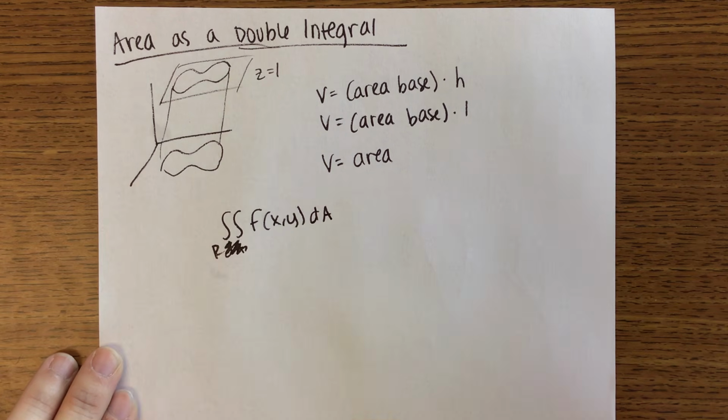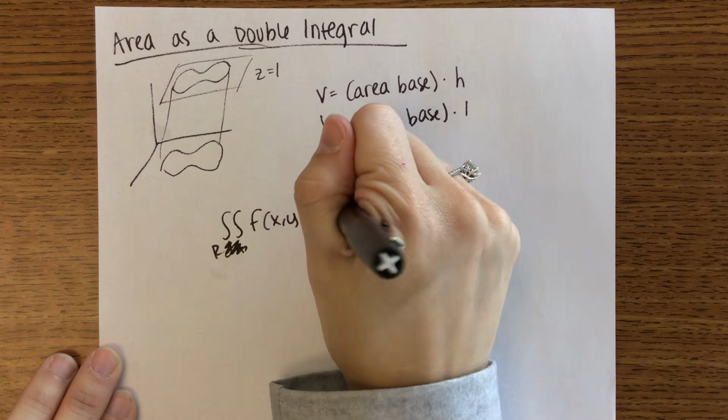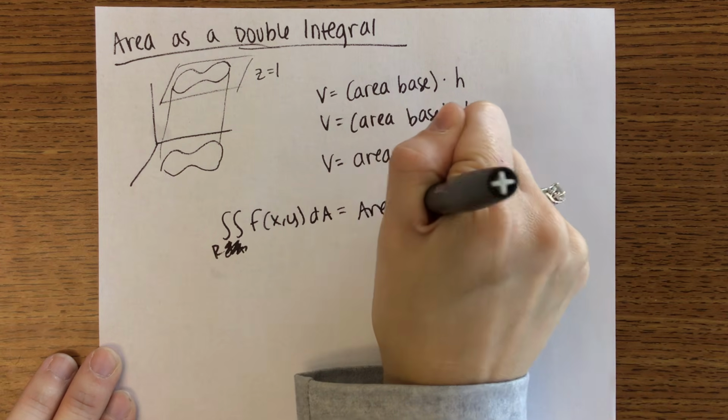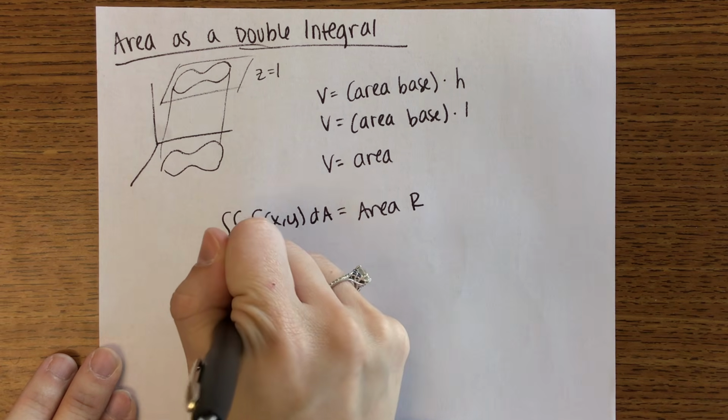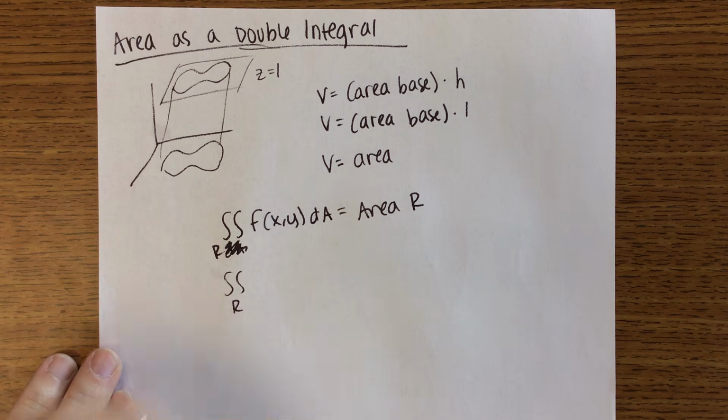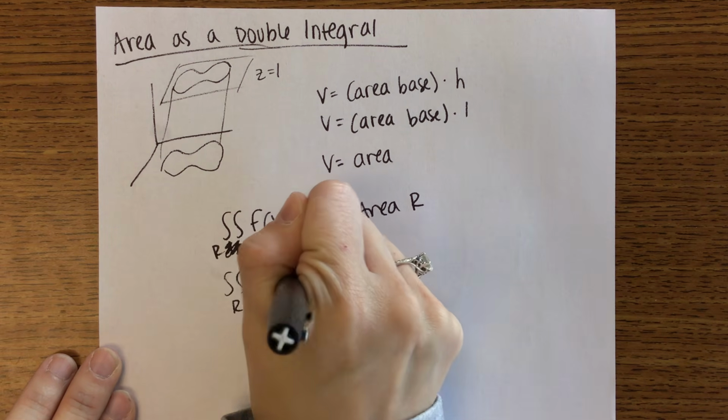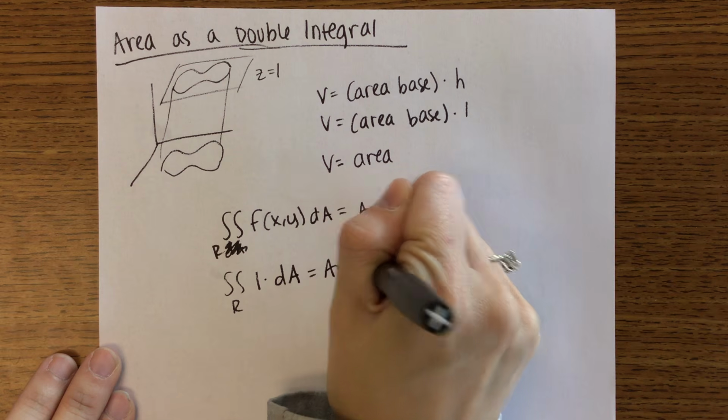And that's an R. We want that to be equal to the area of R. And that'll be the case when z is 1. So if you take the double integral over the region R of 1 times dA, that gives you the area of R.